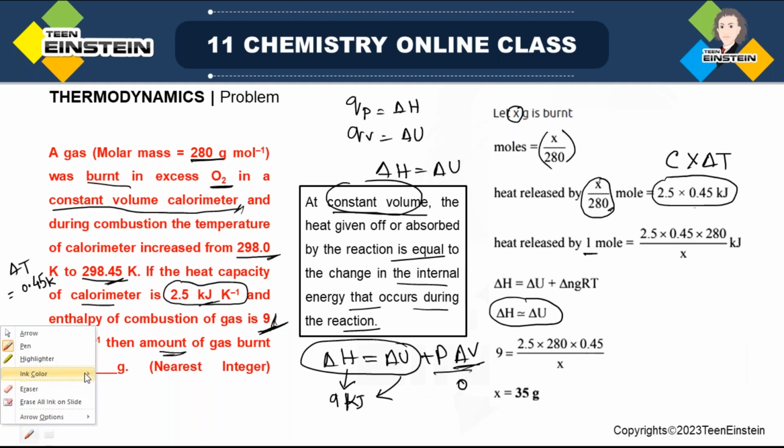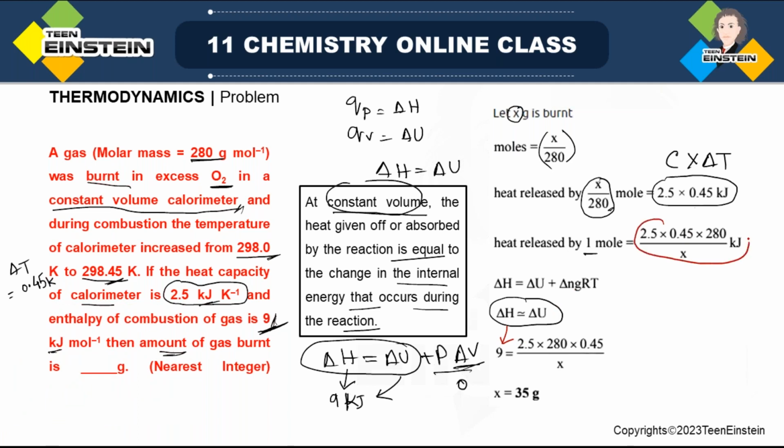Now why are we talking about this? Because the del H value is given as 9 and this value is basically equal to del U. Because it is a constant volume calorimeter, whatever combustion is going on is inside the calorimeter and under constant volume.